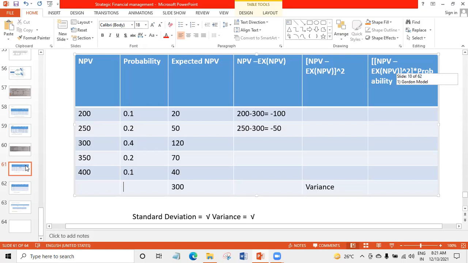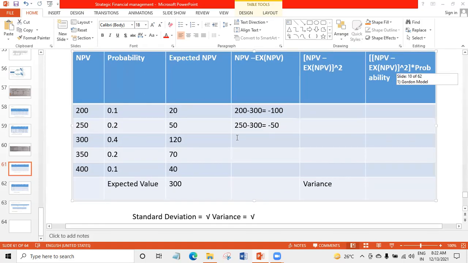Okay. Next is 300 minus 300. You will get 0. 350 minus 300, 50. 400 minus expected value, 100. Now the square of this.